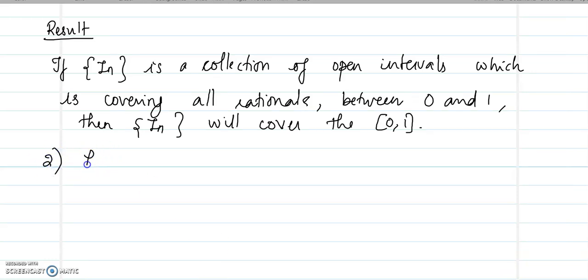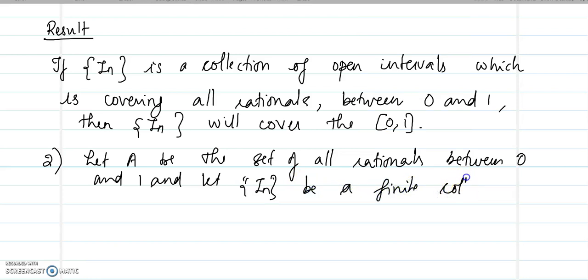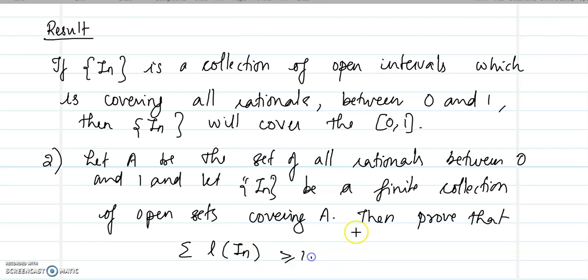Let A be the set of all rationals between 0 and 1, and let the sequence I_n be a finite collection of open sets covering A. Then we need to prove that the summation of length of I_n is greater than or equal to 1.